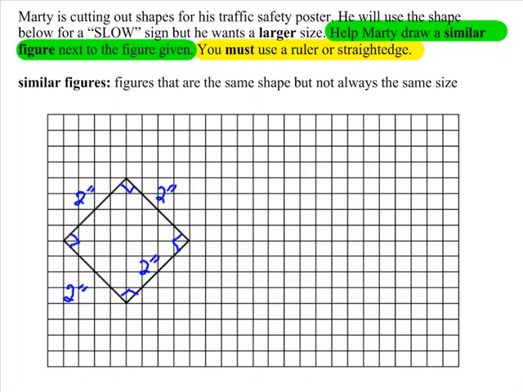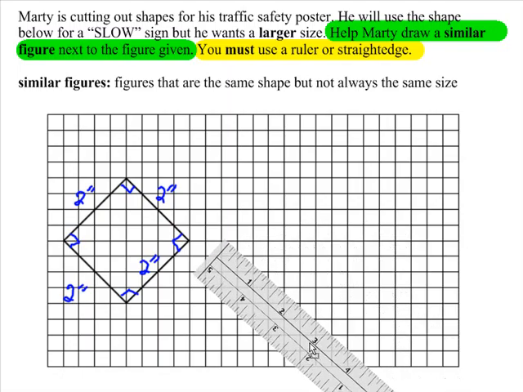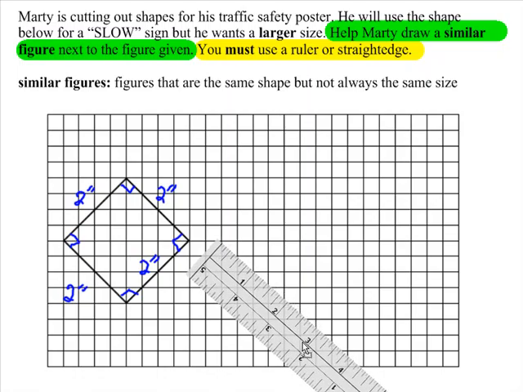So let's go ahead and grab our ruler, and let's see, it might be a wise idea to start along the same line here that these 2 points are on.